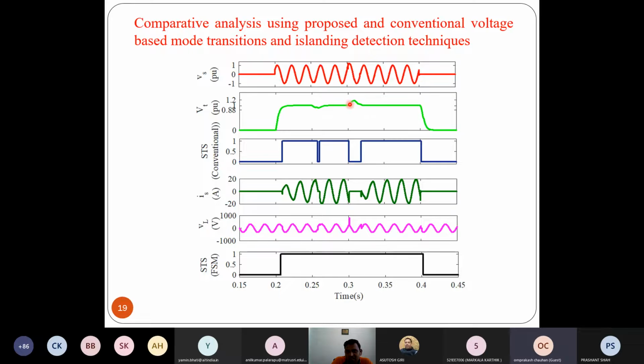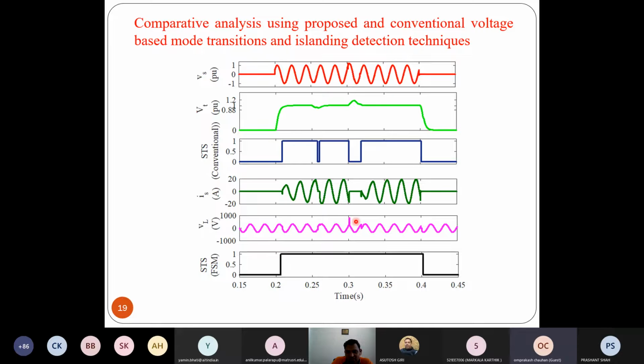And when there is an increase in the voltage, there is a large dip or large off in that signal. However, it should be connected because the voltage is under the permissible limit. It is not going beyond 1.1 per unit. Accordingly, you get interruption in the grid current.